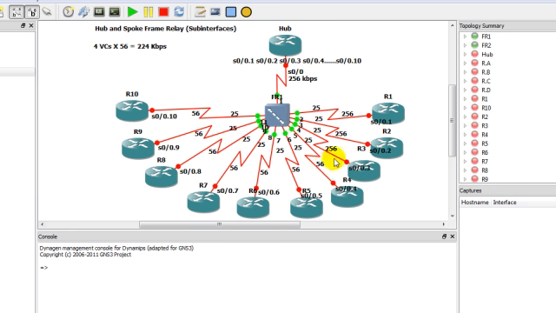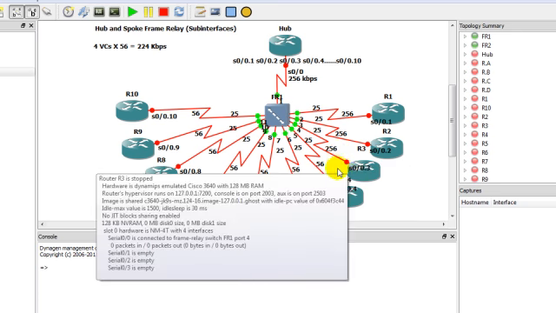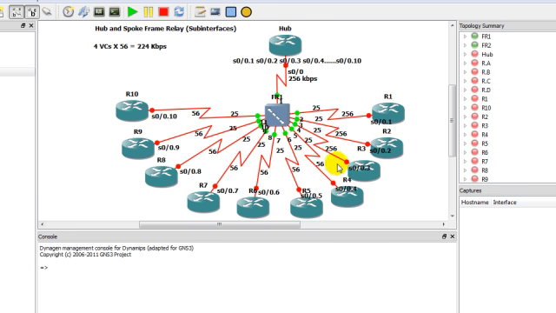I don't want to multiply 256, because I have a line with 56 kilobits per second, so I can't use 256 for this line. So in this case, I have to put the slowest virtual circuits into point-to-point. I can do this.